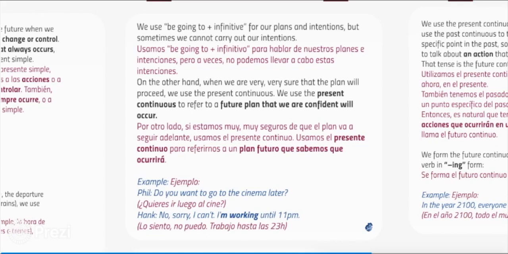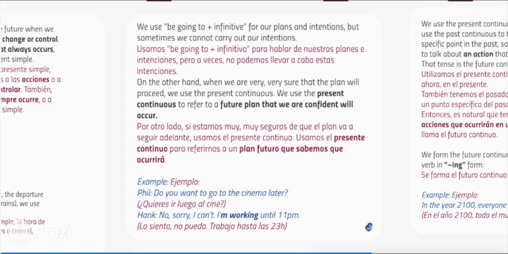On the other hand, when we are very, very sure that the plan will proceed, we use the present continuous. We use the present continuous to refer to a future plan that we are confident will occur.